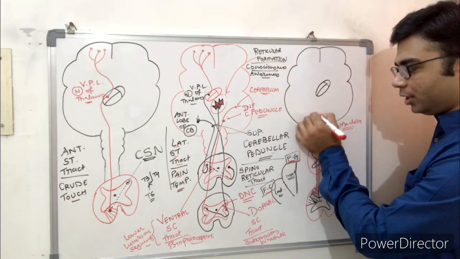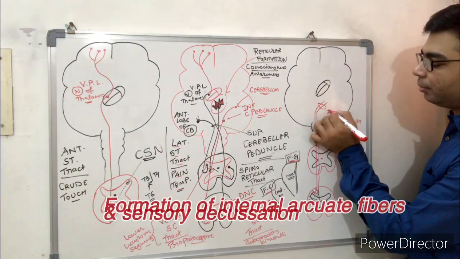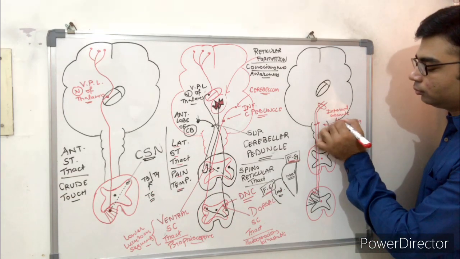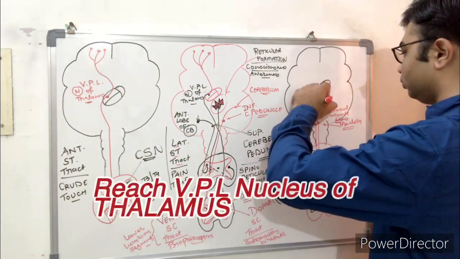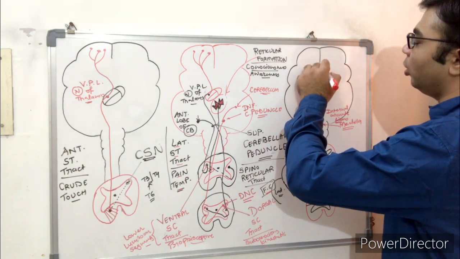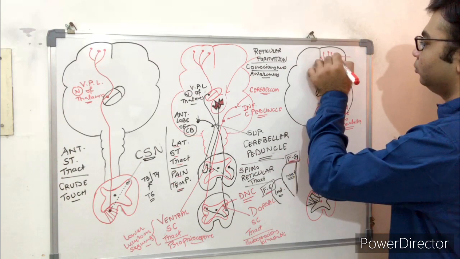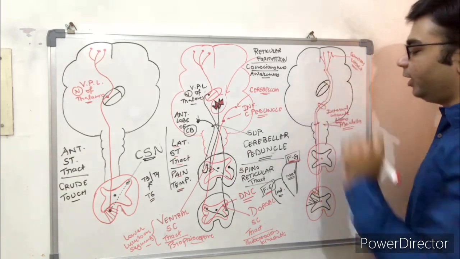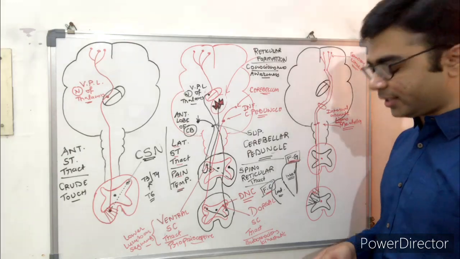From here they ascend upwards, cross the midline forming the internal arcuate fibers, and go upwards, ending in the sensory cortex of the cerebral cortex.